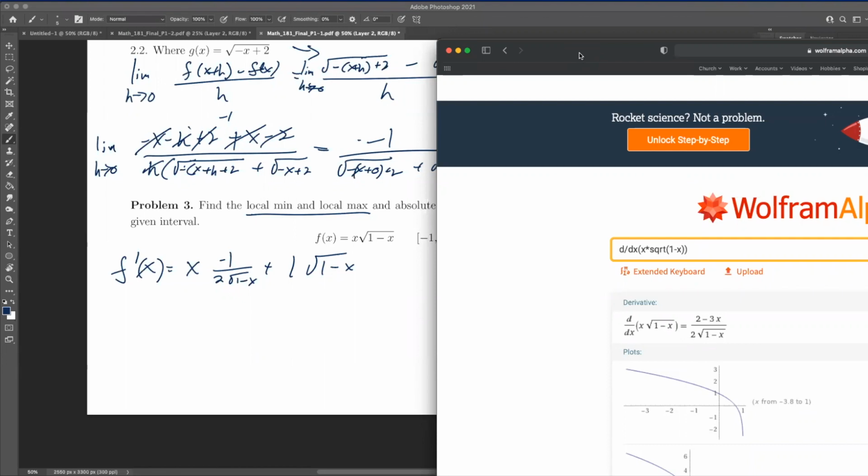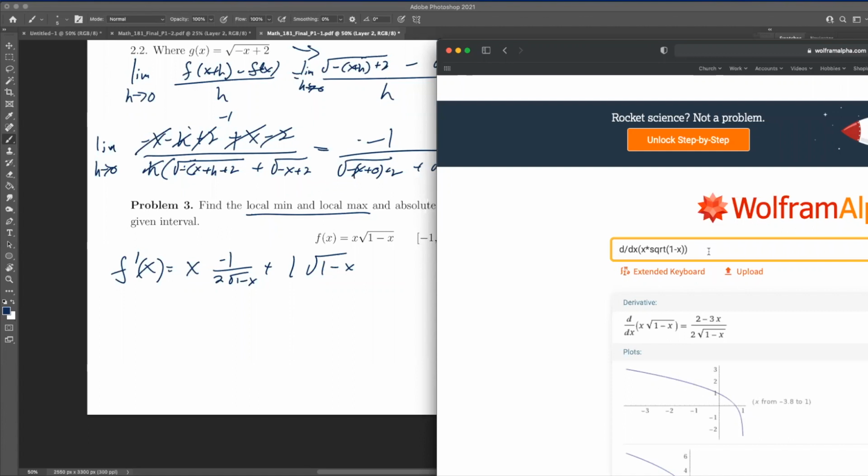I see what they did here. Does this look like ours? Well, not quite, right? But what they did here is they multiplied this by 1 over x over 1 over x. And so then the x will come out.